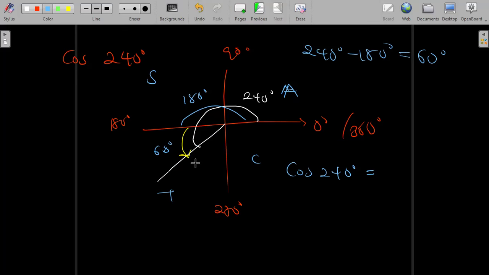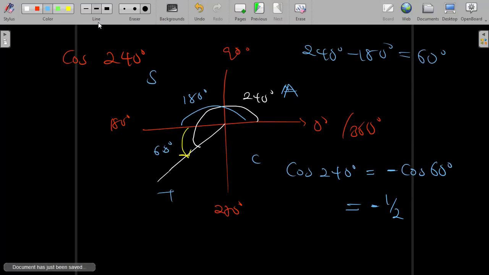So I'm going to have a negative in my cos. I can write this as negative cos 60 degrees. And 60, I know that is half, then with the negative, I get -1 over 2.